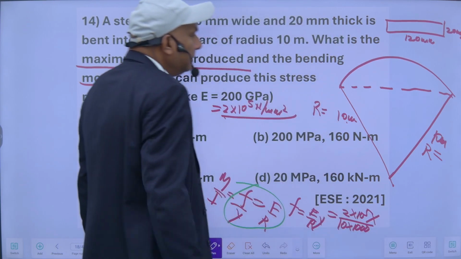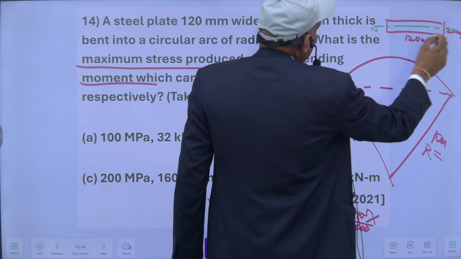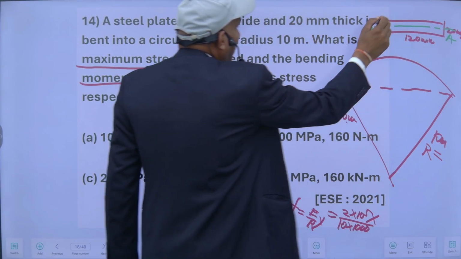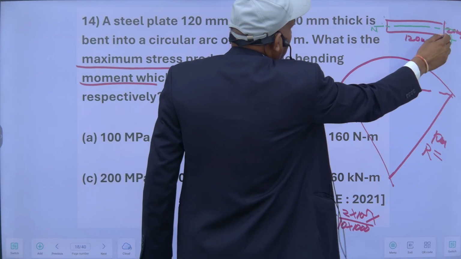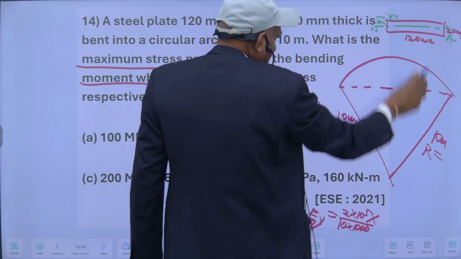Y is this one. The plate neutral axis will be here, and the distance of the top fiber from this neutral axis is half of this. This is 20 mm, so it will be 10 mm. So Y is equal to 10 mm.